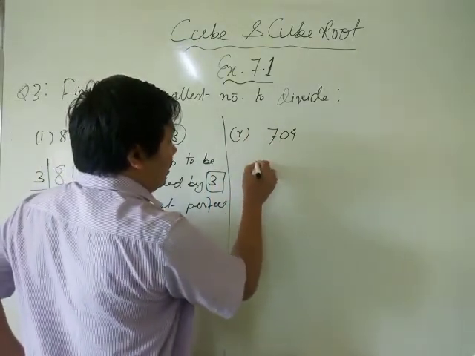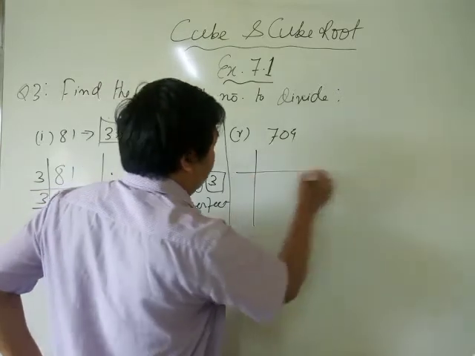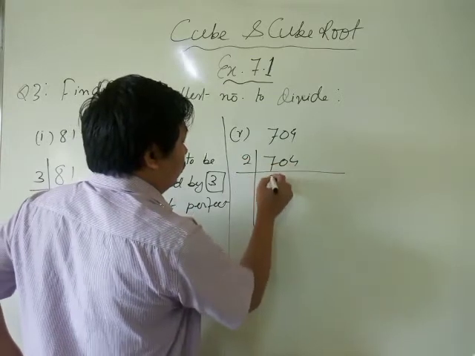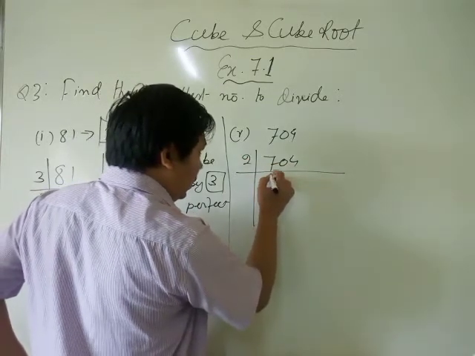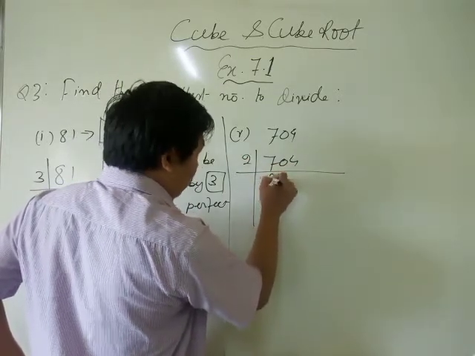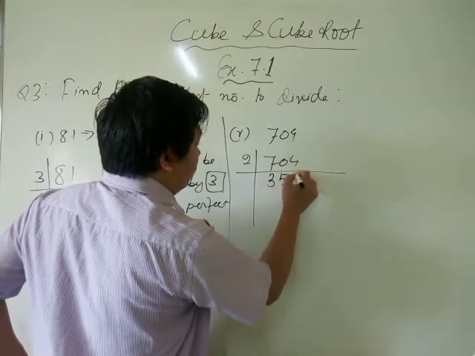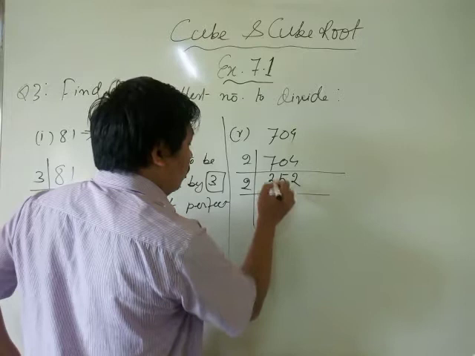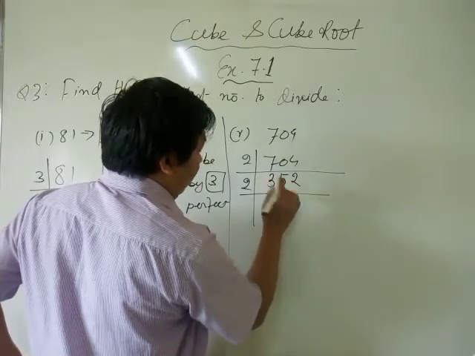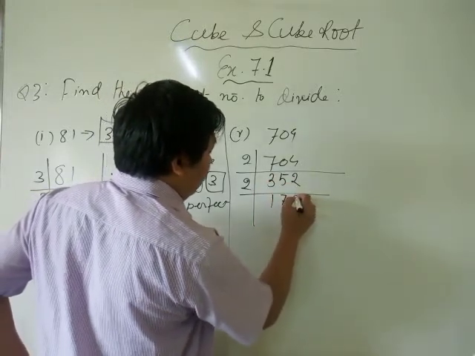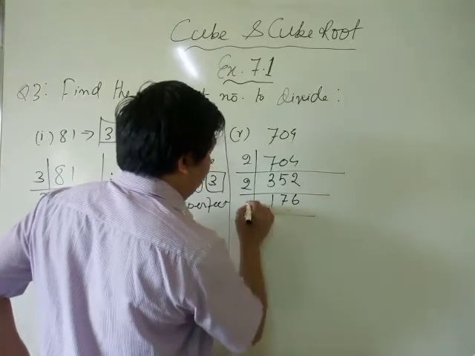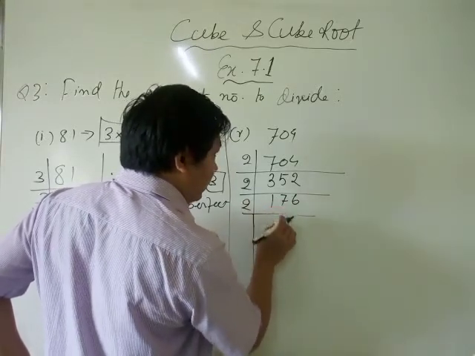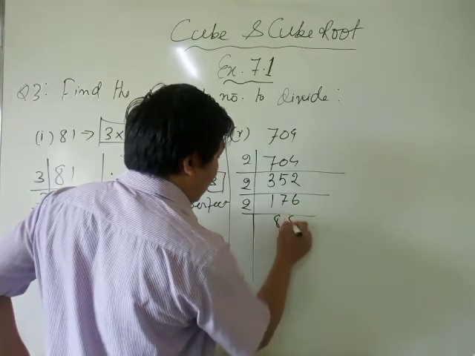704, let us see. 704. So 2, 2 3 is 6, 2 5 is 10. Then next we have here again 2. 2 1 is 2. Then 15, then 2 7 14, here 2 6 is 12. Again by 2 we can continue. So 17 and 16, that is 8. Then 8 here.